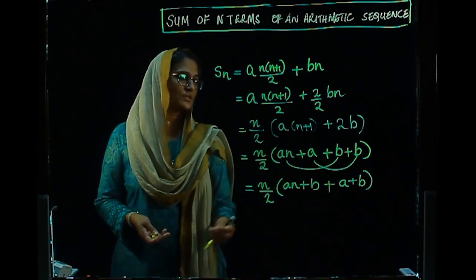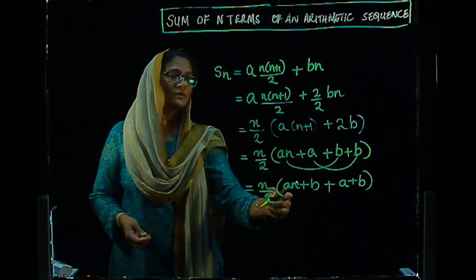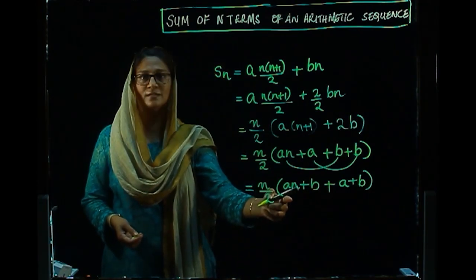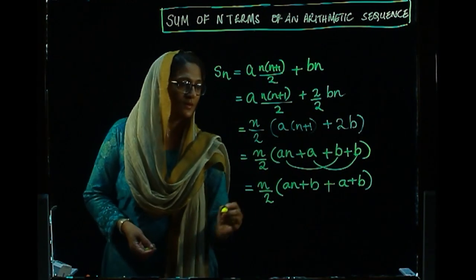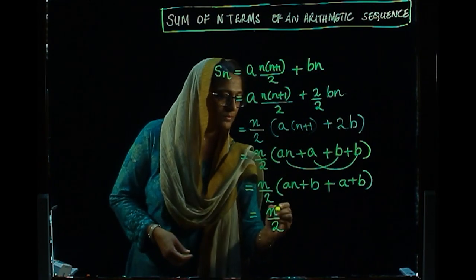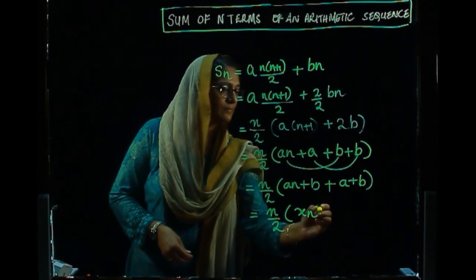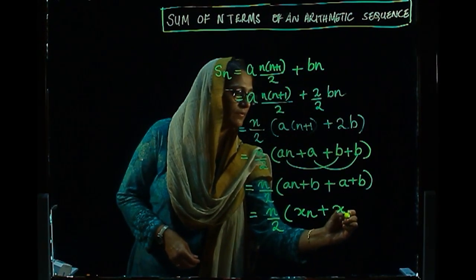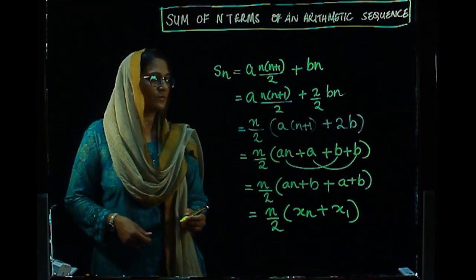Now look at this expression carefully. An plus b is our nth term, xn, isn't it? And a plus b can be rewritten as n by 2 multiplied by xn, the nth term, plus x1, the first term. See, we have reduced the formula to a simpler one now.